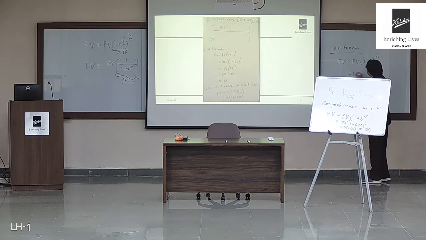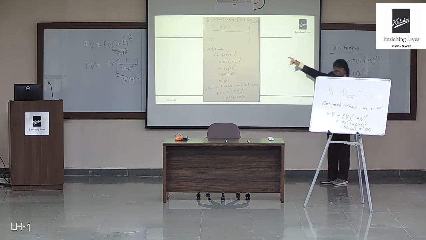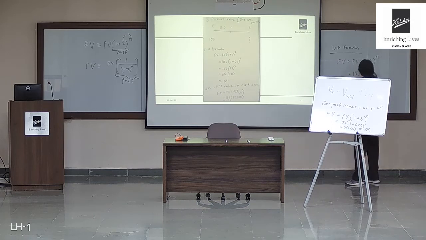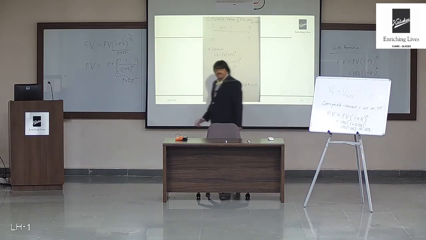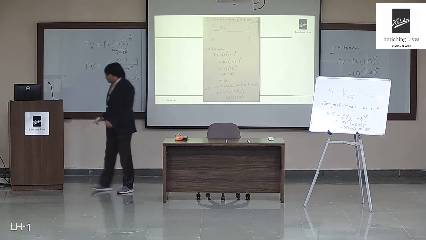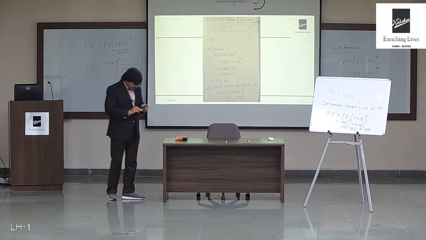In this case, PV is 100. As you can see, the interest rate is 10%, so it is 0.1, and the amount kept is 100. And then you can see that this is 1.21, and therefore the amount comes to 121.